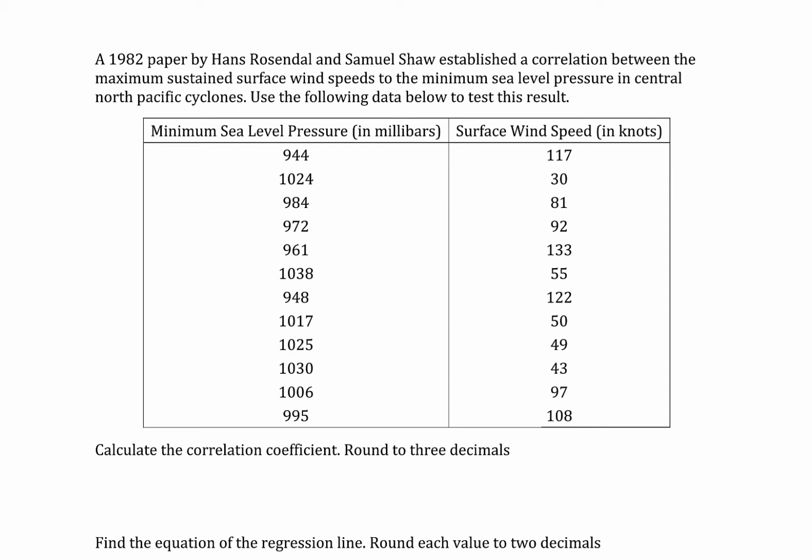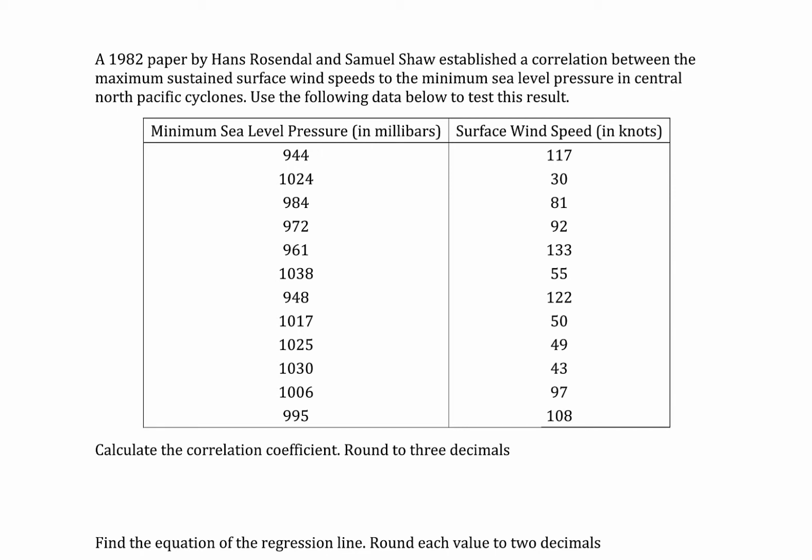So first we have the minimum sea level pressure in millibars and the surface wind speed in knots. And so you have to decide which data is going to be your dependent variable, which is going to be your independent variable. So it's not told to you.